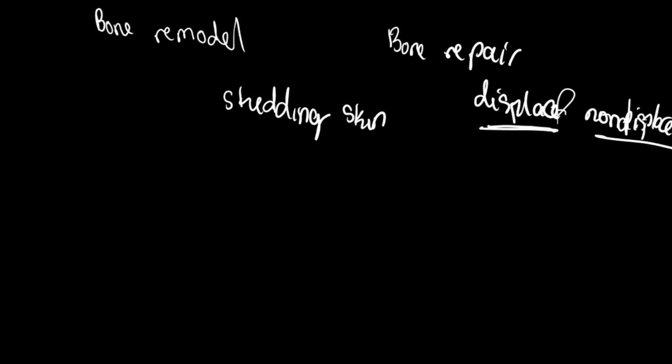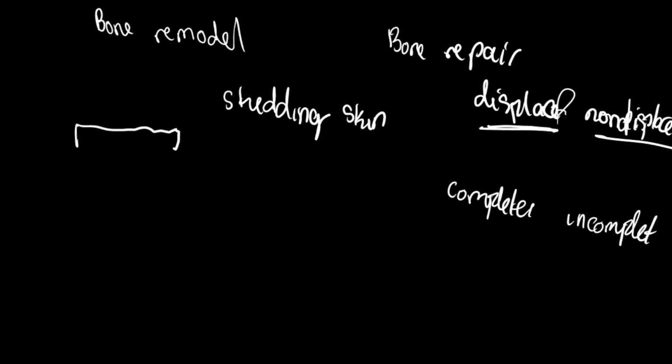Based on the completeness of the fracture, we could have a complete fracture and an incomplete fracture. So for displaced, if we have a bone like this, this is the original position of the bone, and then when a fracture occurs, the bone still remains in this position, then this is non-displaced.